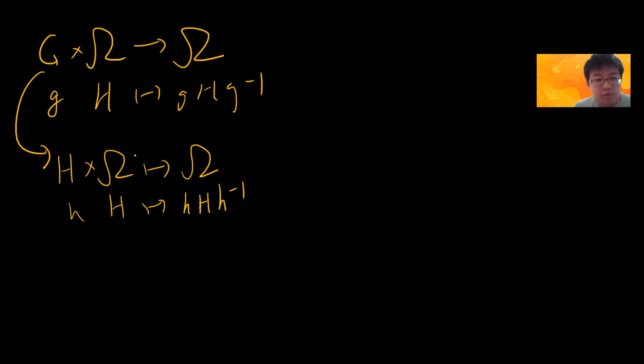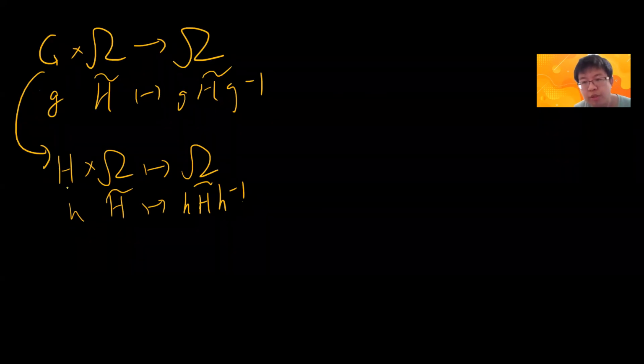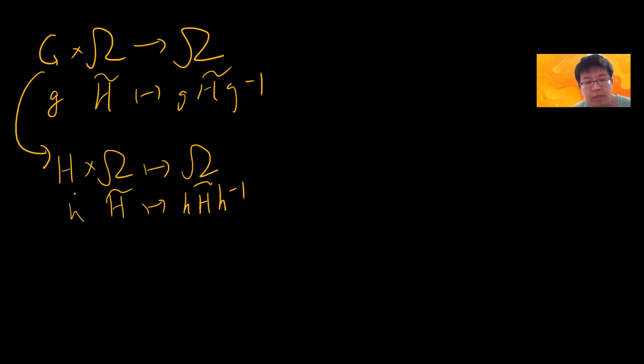Sorry, I should write H acting on Omega, because every element in Omega is a Sylow P subgroup. So I choose a particular Sylow P subgroup and do a group action on the set of all Sylow P subgroups. This is the restriction. Remember that by the second Sylow theorem, the original G action on Omega is transitive.